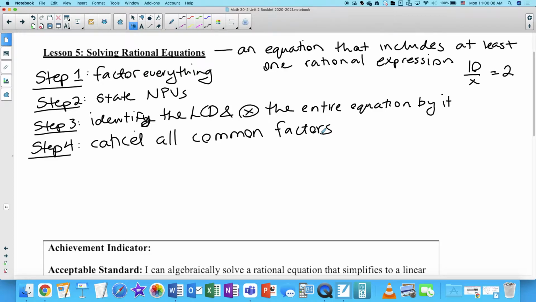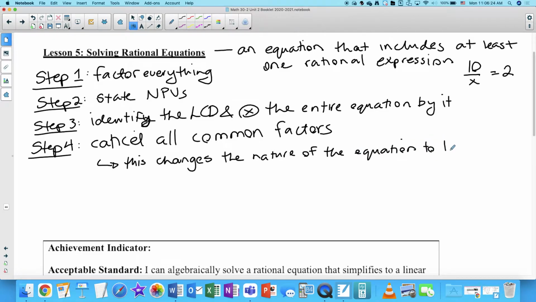So this will change the nature of the equation to linear or quadratic. And that's good because we know how to deal with a linear or quadratic equation.